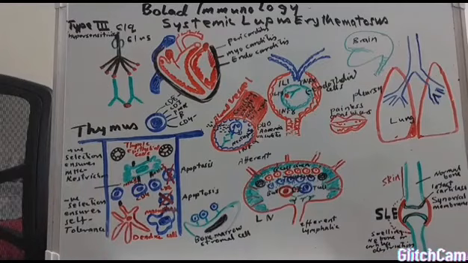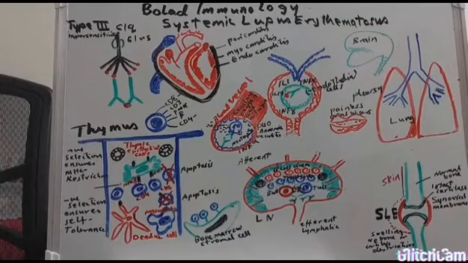However, in some instances some autoreactive T cells may escape, and some of these autoreactive T cells express a cluster of differentiation known as CD25, and they become regulatory T cells.